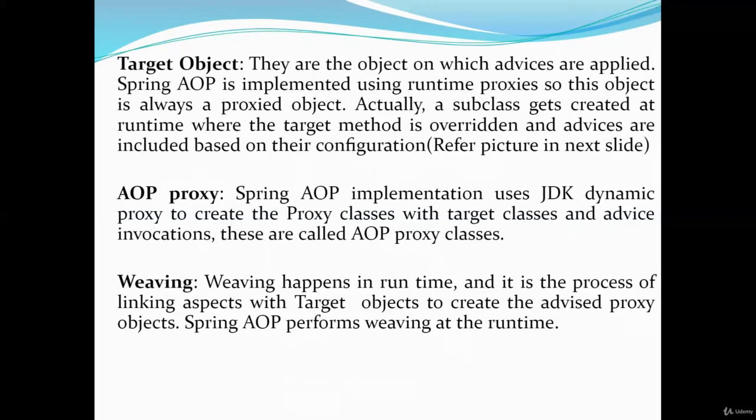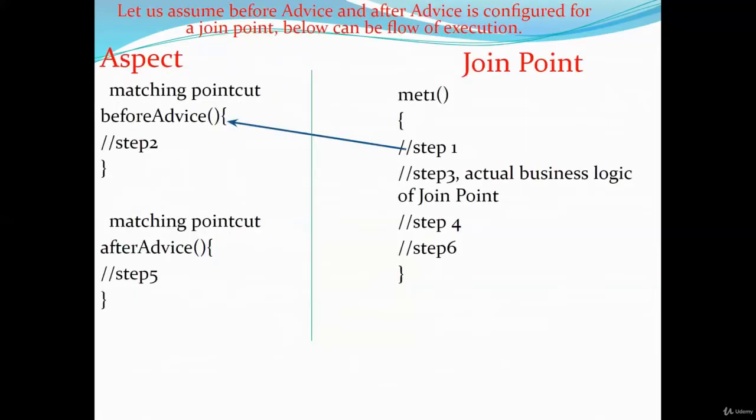This process of combining, weaving, happens at runtime, and it is the process of linking aspects with the target objects to create the advised proxy objects. So the process of combining all these is considered as weaving. Here, before advice gets invoked, then we are returning.